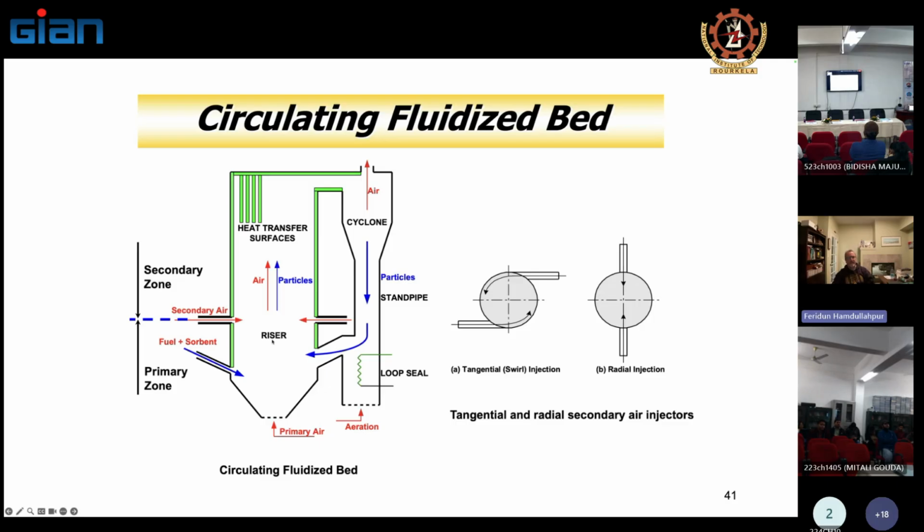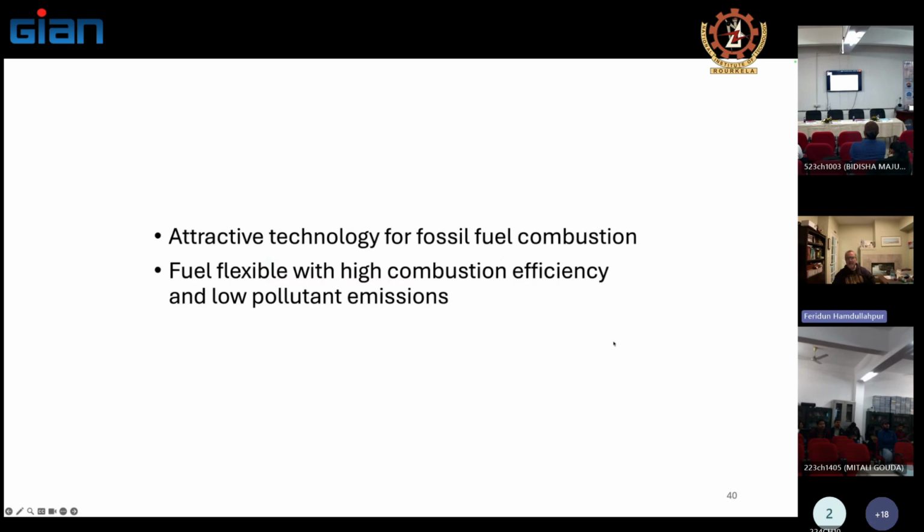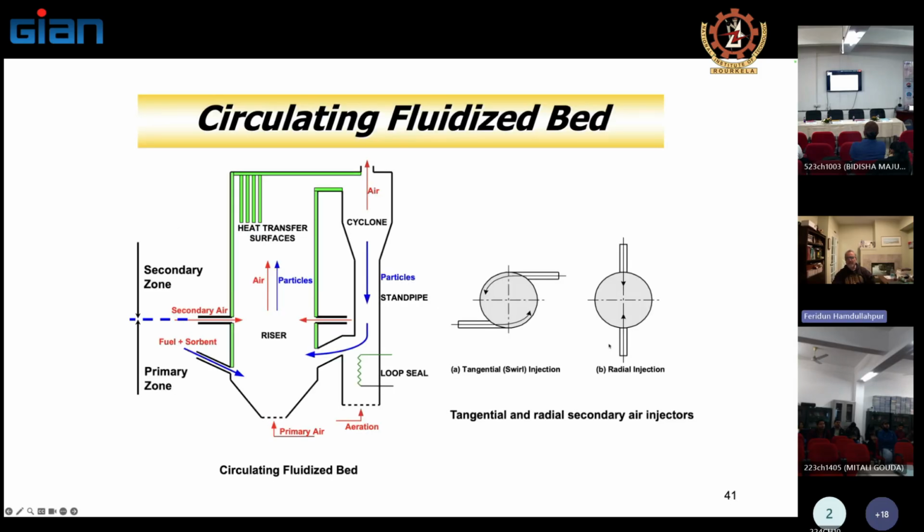But let's leave it aside. They enter, you have the primary air, you have the secondary air. Secondary air could be in the form of tangential swirl or in the form of radial injection. There you will see which one is best.